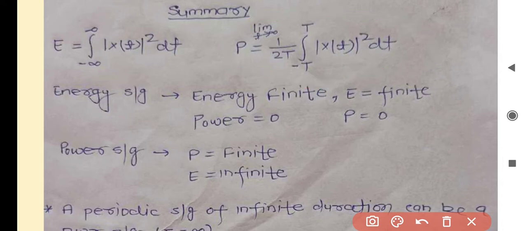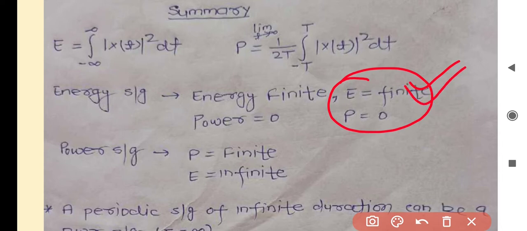What we will do to identify whether a signal is an energy signal or a power signal is calculate the energy of the signal. If the energy is finite, then we will calculate the power of the signal. If the power is 0, then we will conclude that the given signal is an energy signal.